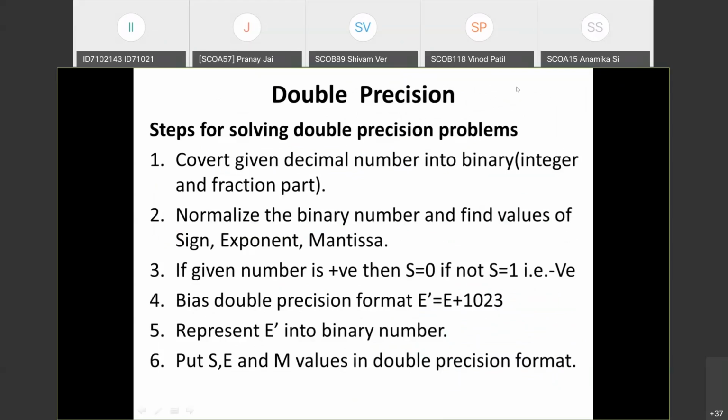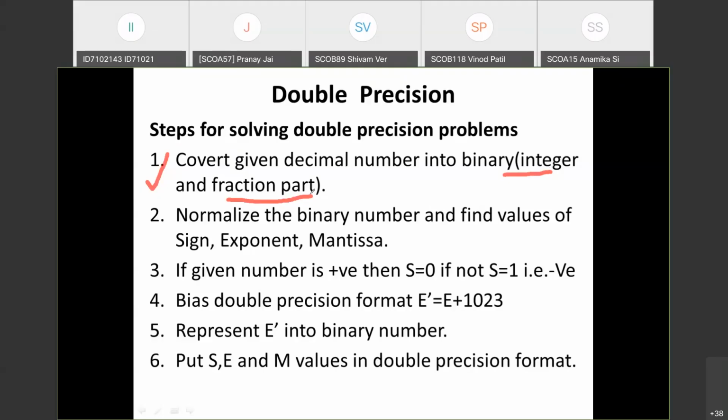Now we want to solve a problem of double precision. This PPT indicates the steps we want to follow. The first step is to convert the given decimal number into binary. The number may consist of a floating point number, in which case we convert the integer part and the fraction part separately into binary number representation.